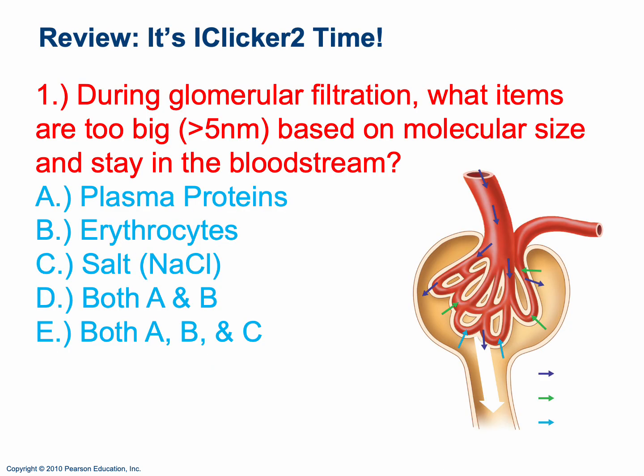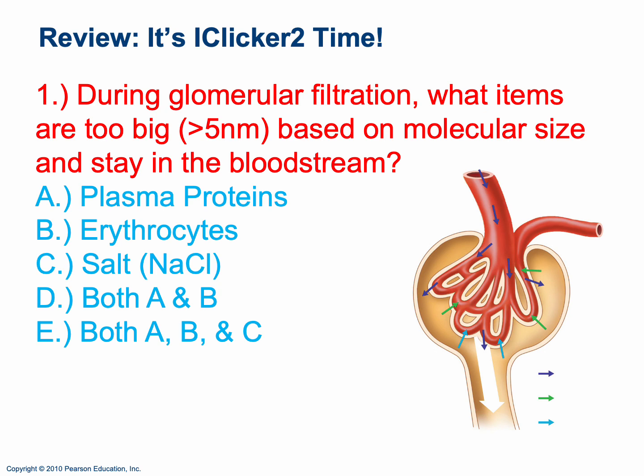All right, so now we have some review questions to look at. So, time to do your i-clickers. Find those i-clickers. Number 1, during glomerular filtration, what items are too big based on molecular size and stay in the bloodstream?